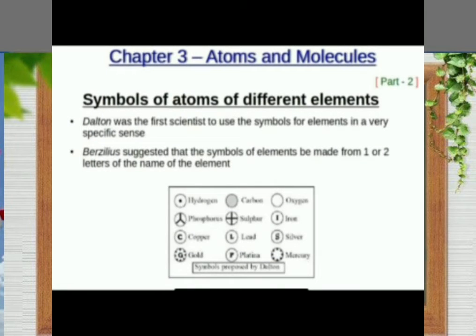Next, the symbols of atoms of different elements. Dalton was the first scientist to use symbols for the elements in a very specific sense. Berzelius suggested that the symbols of elements be made from one or two letters of the name of the element.